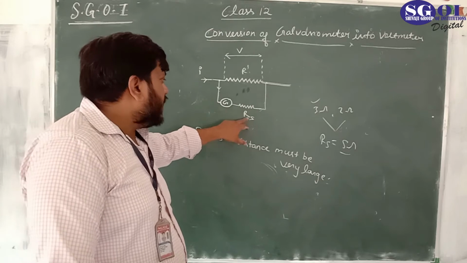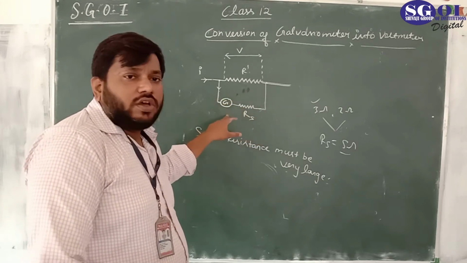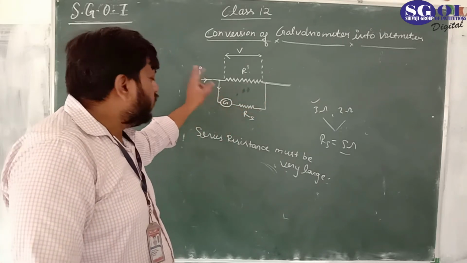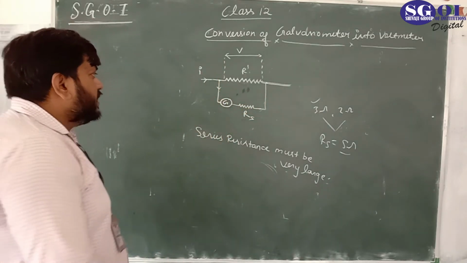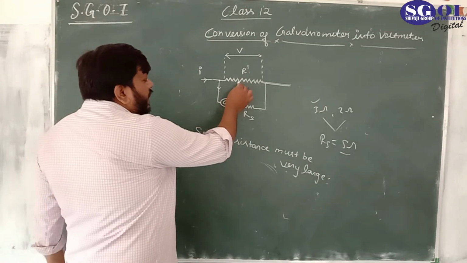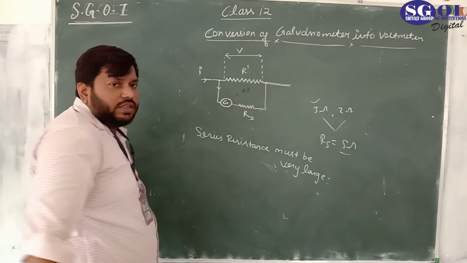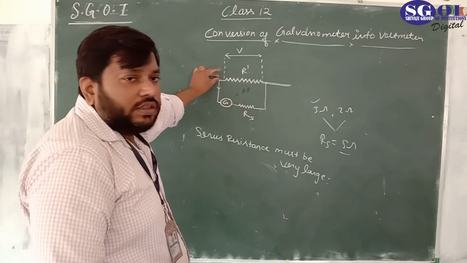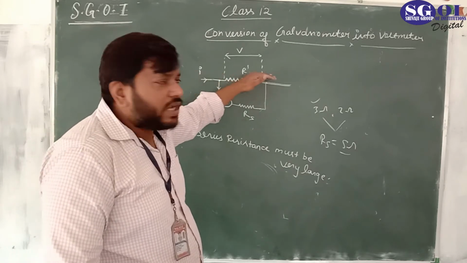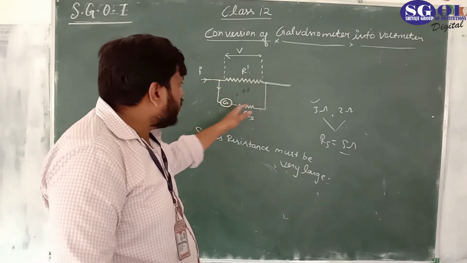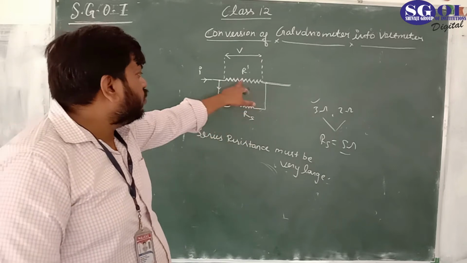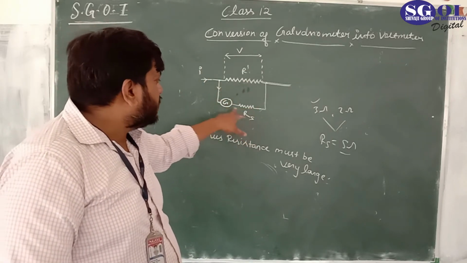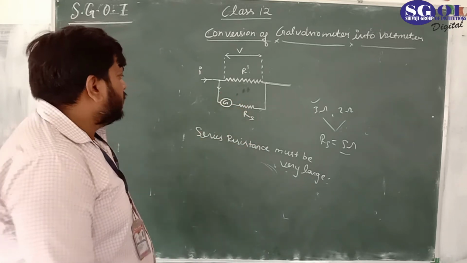If it is very large, then the overall resistance also becomes very large, and the current flowing through that path reduces appreciably. Most of the current would start flowing in this resistance R dash, because the resistance of this particular part has increased. We have increased the resistance by connecting a series resistance to the galvanometer.